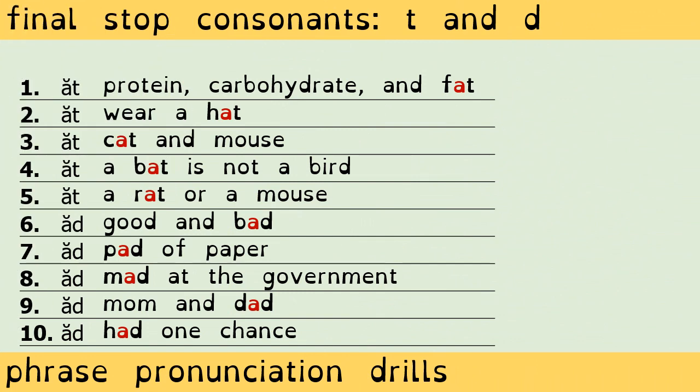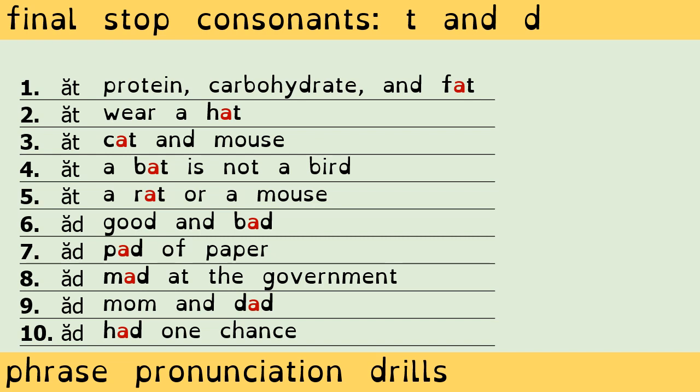Now we are going to look at phrases again. Let's start with the short A sound. 1. At, protein, carbohydrate, and fat. 2. At, wear a hat. 3. At, cat and mouse. 4. At, a bat is not a bird. 5.